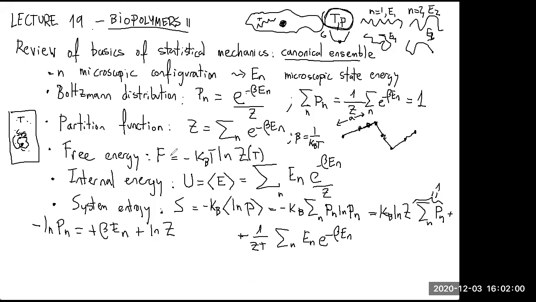So the first derivative of F with respect to T will be minus kB log of Z, which is this, with a minus sign. The second derivative will be basically Z prime divided by Z. There will be a Z, which is this, and the derivative of Z with respect to T will be this. So this means that S is minus partial F with respect to T. So you see what happens, no?